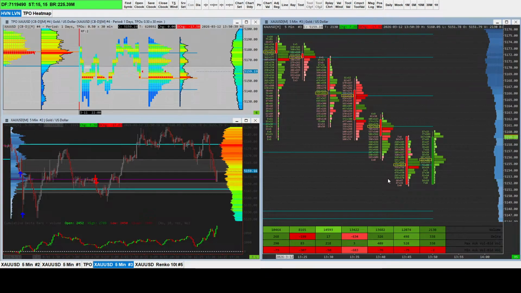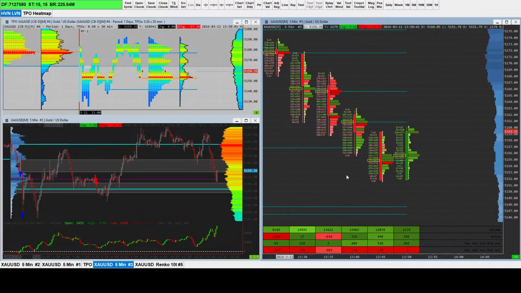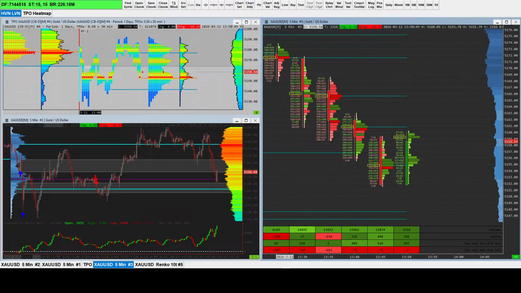Here comes the buy. Let's go. I'm gonna wait for this to close though. I need to wait for this to close. Until it closes. Nope.